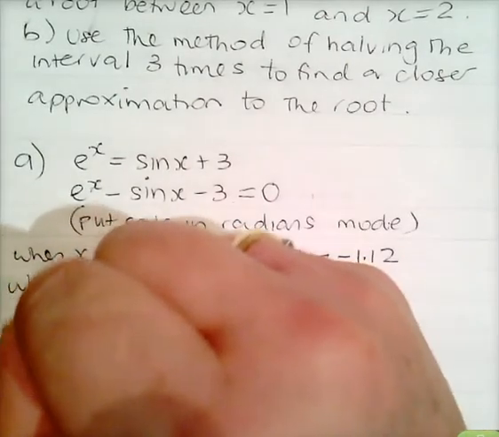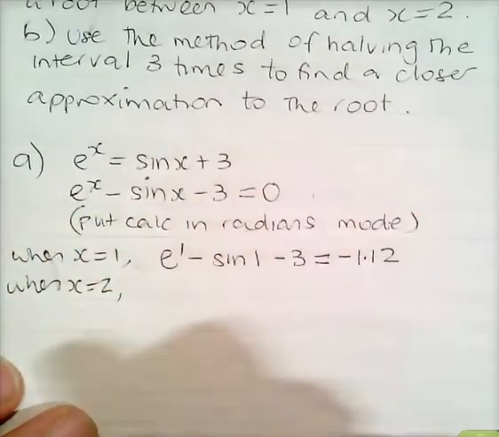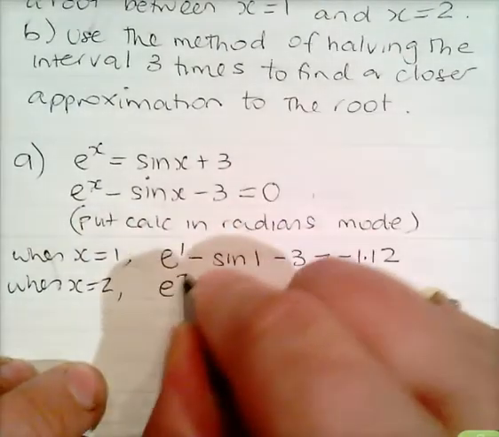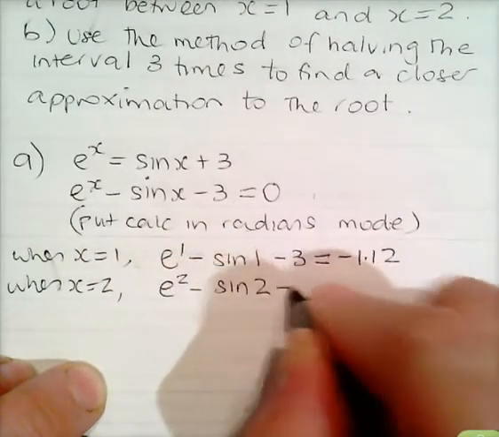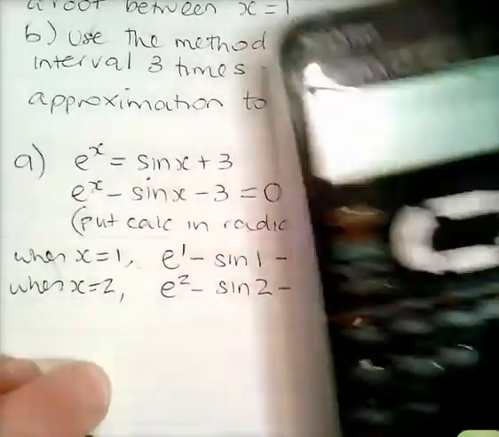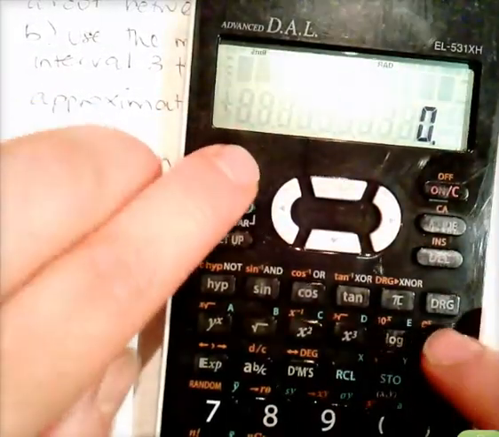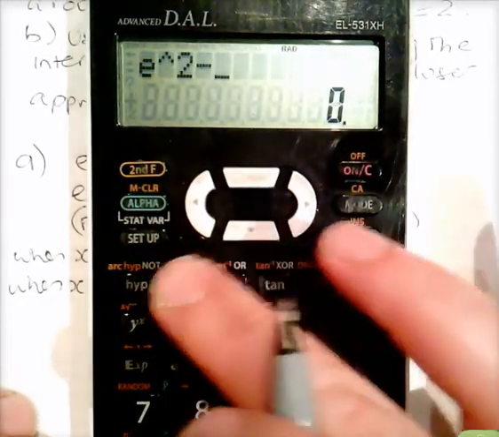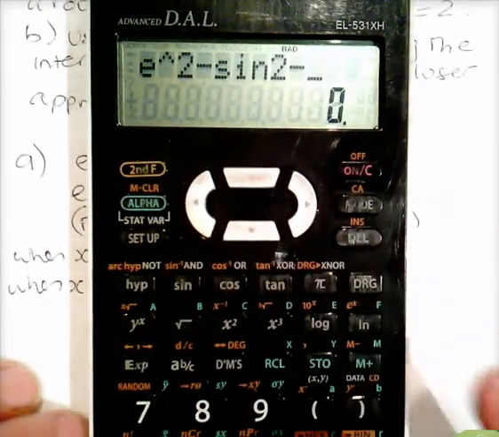And then we'll also substitute when x is 2, doing the same thing. So we've got e to the 2 minus sine 2 minus 3 equals. So shift log, e to the 2 minus sine 2 minus 3.